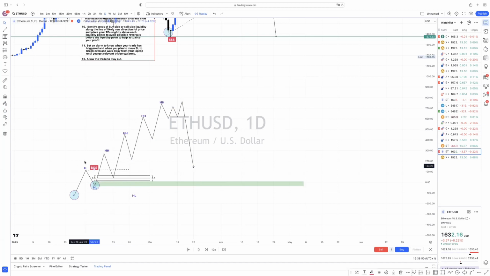So this is a higher high because it is higher than this high, and this is a higher low because the higher low is higher than the previous low.